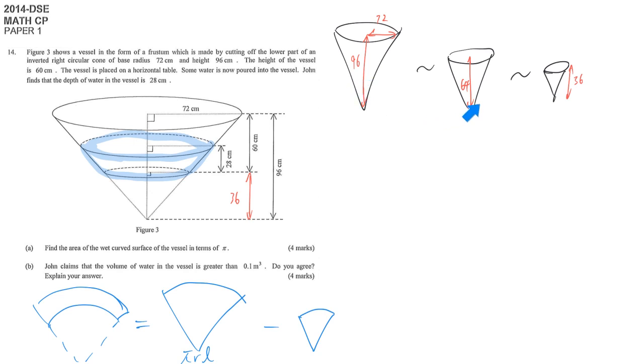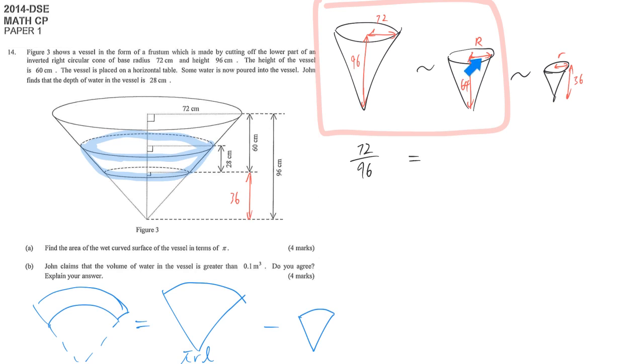Basically, it's very easy for us to get the radius already. It's because the base radius and the height have a certain ratio. So if you consider this is capital R, this is small r, you may just compare these two first. They are similar, which means that their length ratios are the same. So 72 to 96 should also equal the middle one's base radius, capital R, to 64.